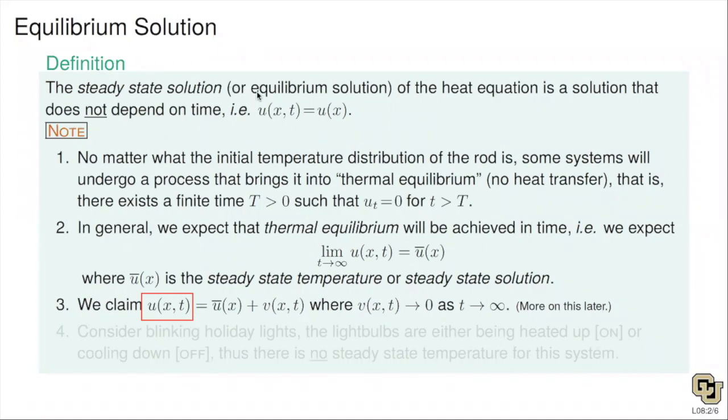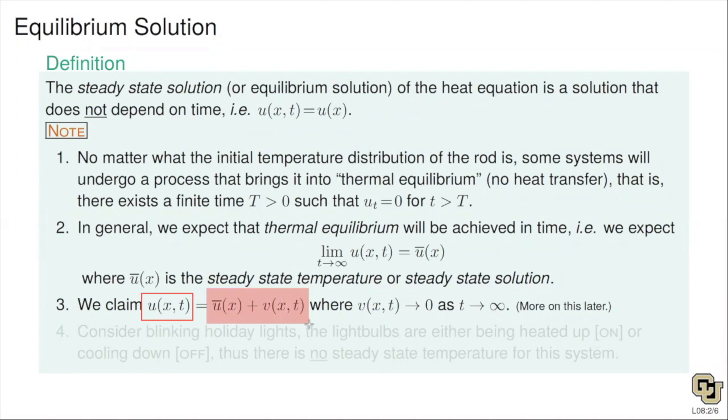So we make the assumption, and this part's really important now, that our solution u of x,t has the following structure: it's made up of a steady state solution, u bar of x, plus another function that we call the transient solution.